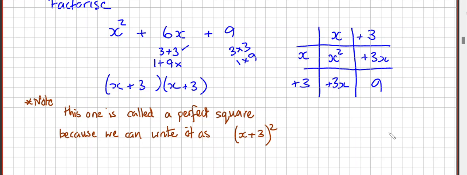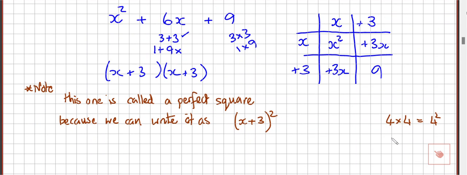So just over here, 4 times 4 can be written as 4 squared. D times D can be written as D squared. So when you multiply anything by itself, you can write it squared. Now you don't have to, but it's good to recognise that you see it in the sheet.